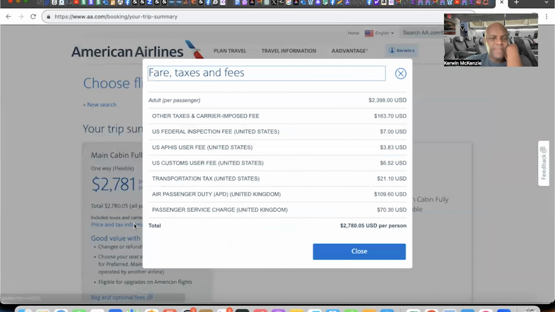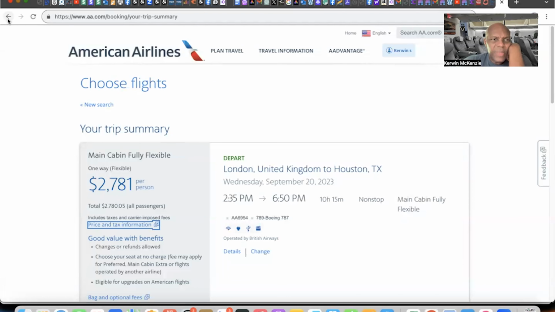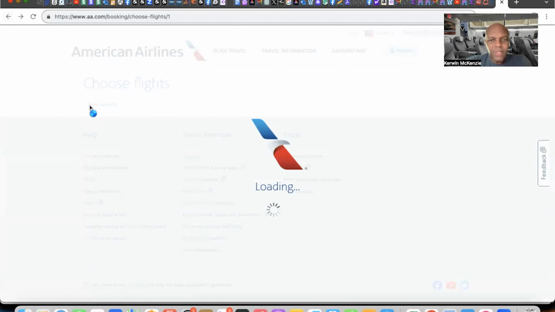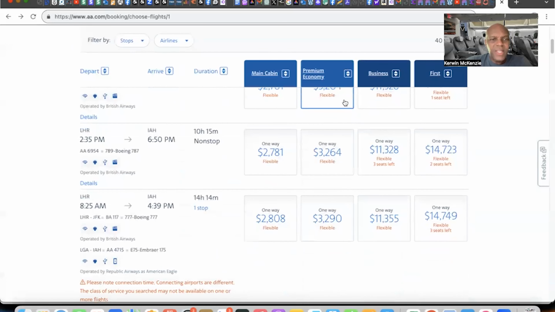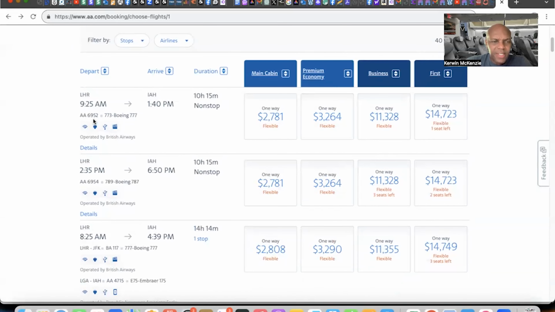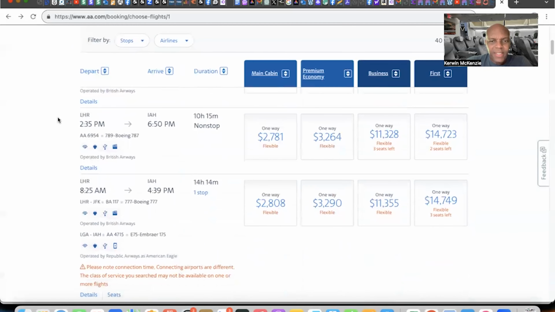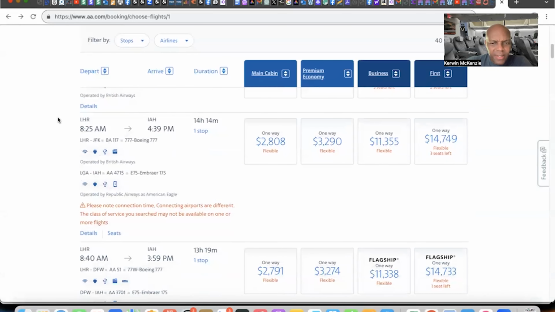Okay, let's see. So this, I think this is actually the same fare that I had before, because there's a 163 because you're on British Airways. And I may have picked a flight that was actually British Airways. I was trying to find one that's just completely American Airlines, because the one that's completely American Airlines would tell me if the fare is there. So yeah. So these are code-share flights. AA6952 is operated by BA, and then the later flights. So, and then that's all BA.